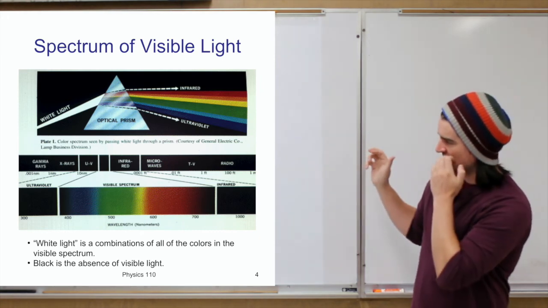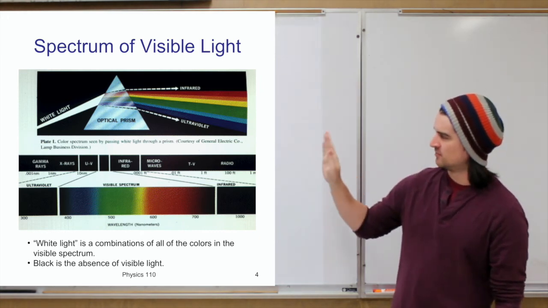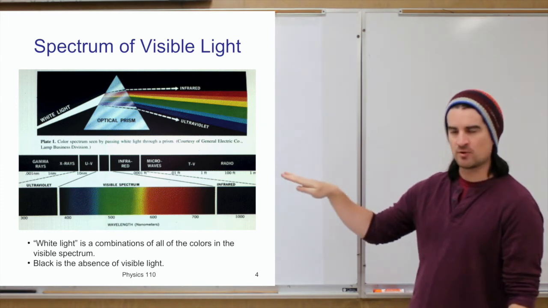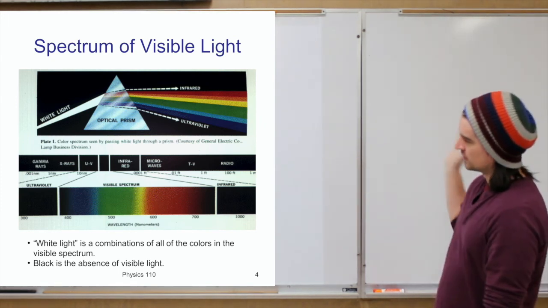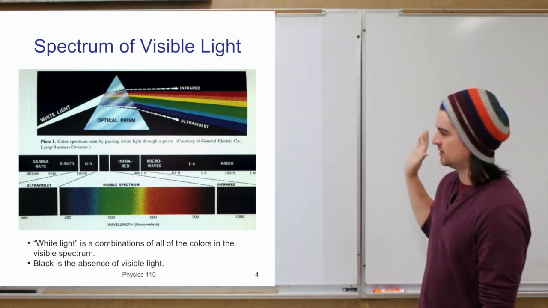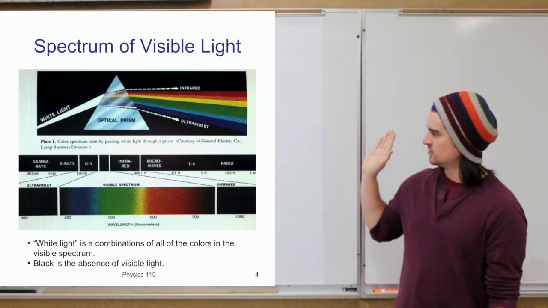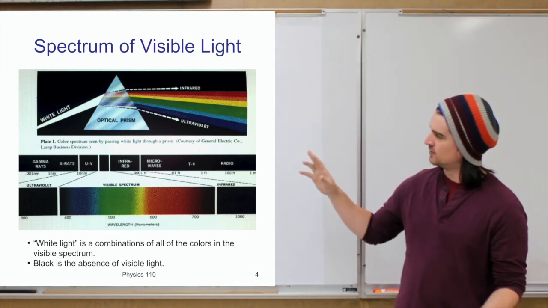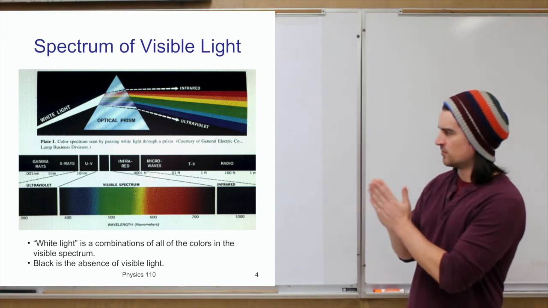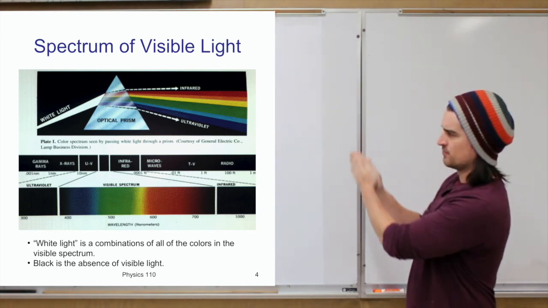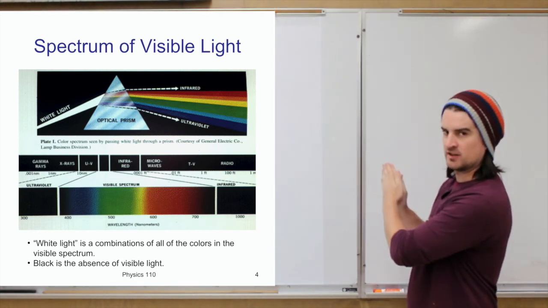In this case, the spectrum is laid out from the shortest wavelengths, gamma rays, on the left, to the longest wavelengths, radio waves, on the right. What's being pointed out here is that the visible part of the spectrum is just a narrow band between ultraviolet and infrared.